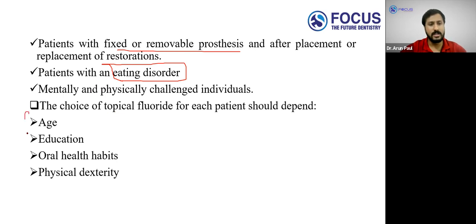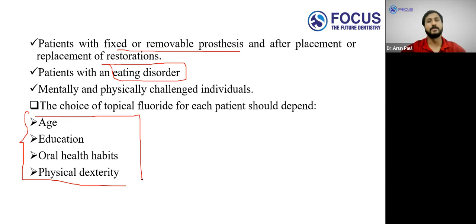So what are the conditions which decide whether a patient needs fluoride or not? It is definitely based on age, which is a very important criterion. That is why it stands first. And within age, it is always younger children, where the teeth are erupting or undergoing maturation.